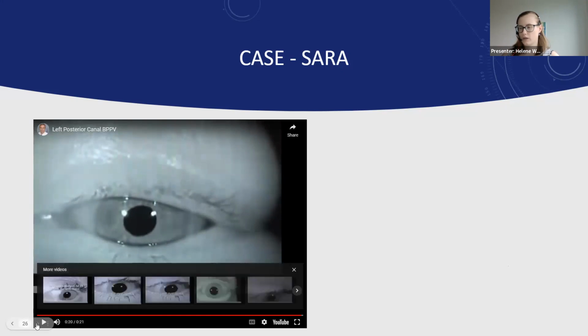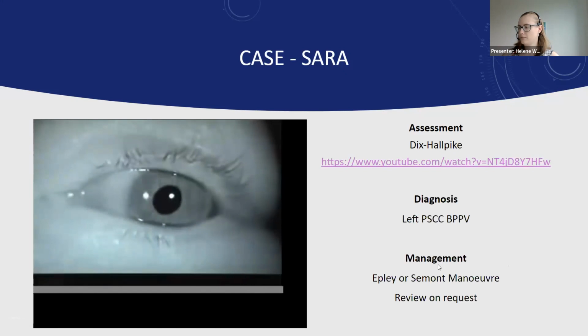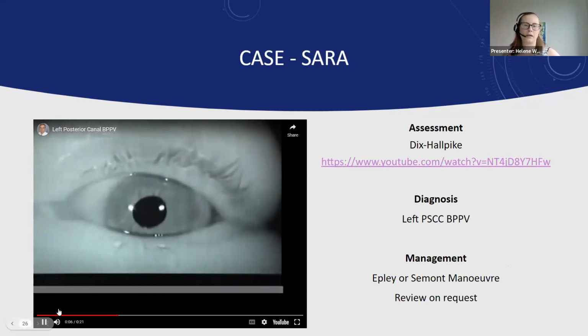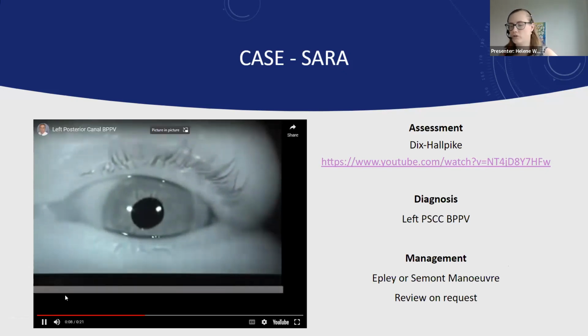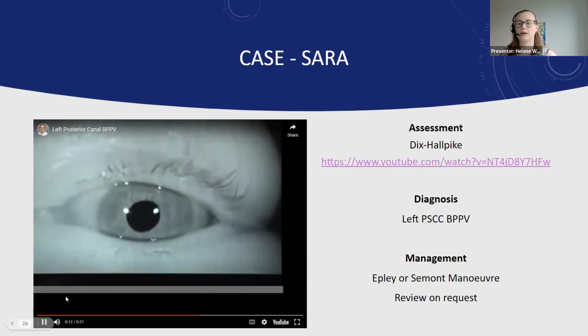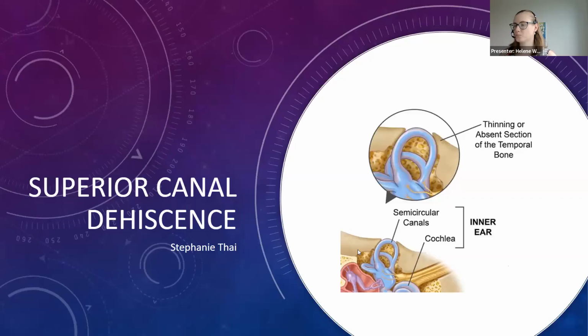Pause the video. Yep, done that. Excellent. So in this case, you'd look at performing the Epley or the Semont maneuver in order to treat it, and then asking the patient to come back when they're next symptomatic.